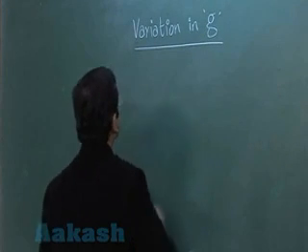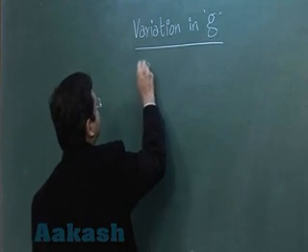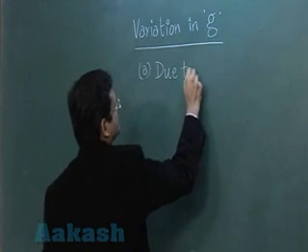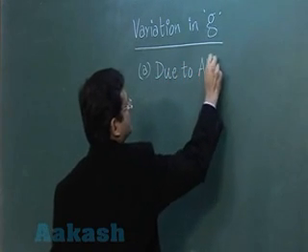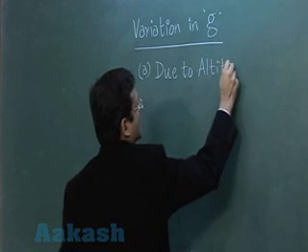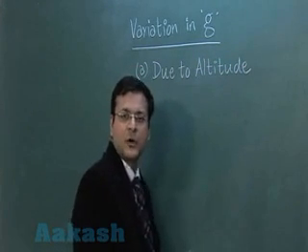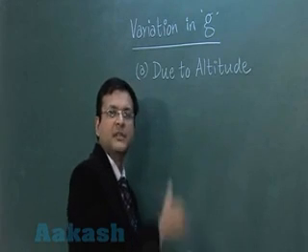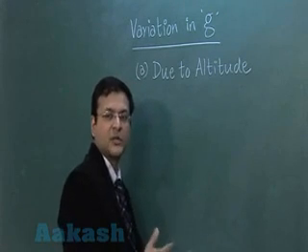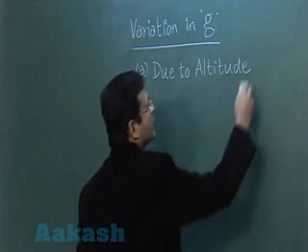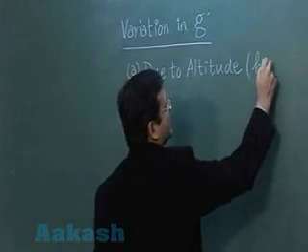So first, talk about altitude. What is the meaning of altitude? Altitude means height above the surface of the earth. Understand? Altitude means height above the surface of the earth. You can denote it by small h if you feel like.